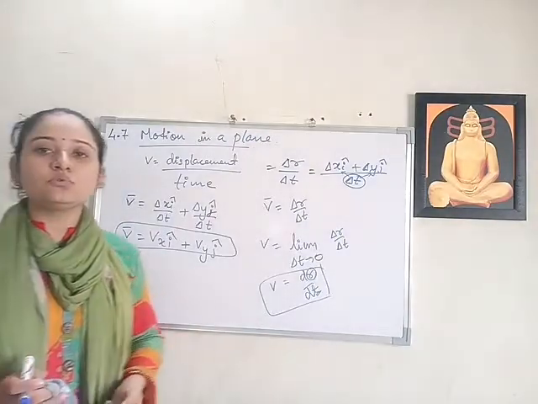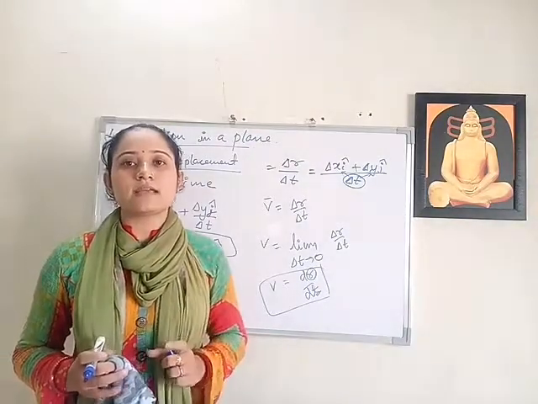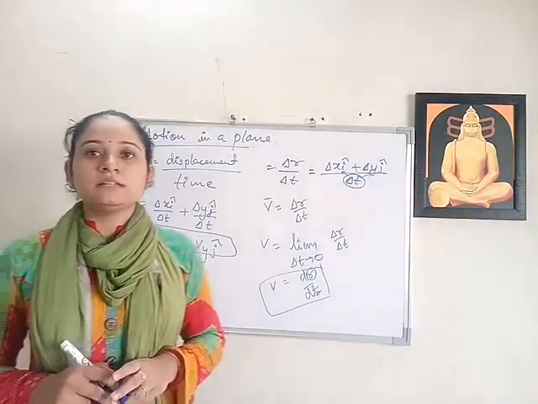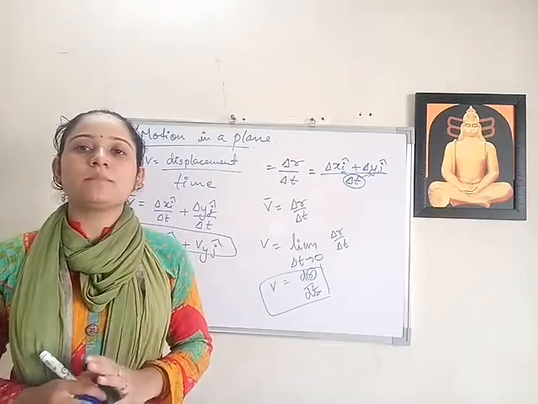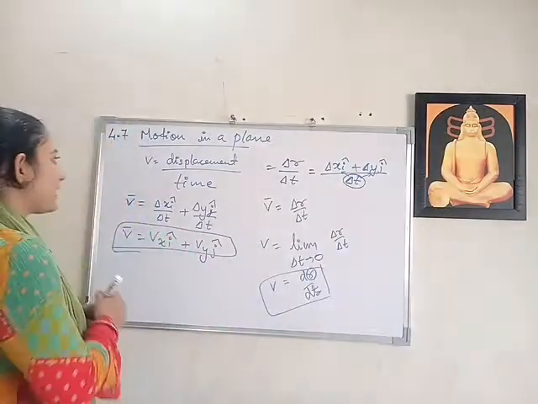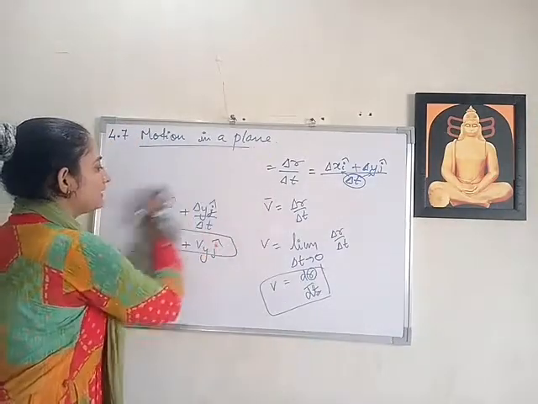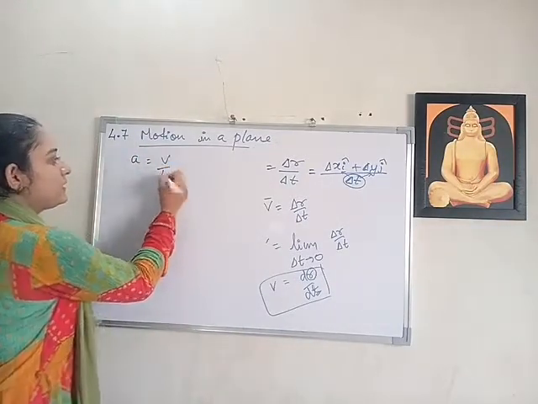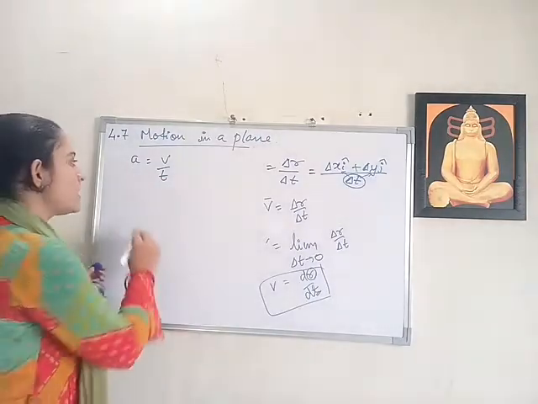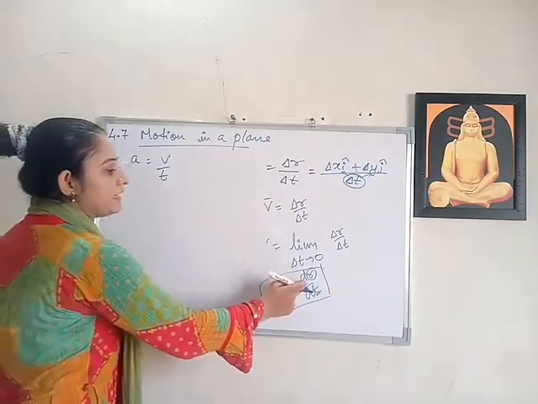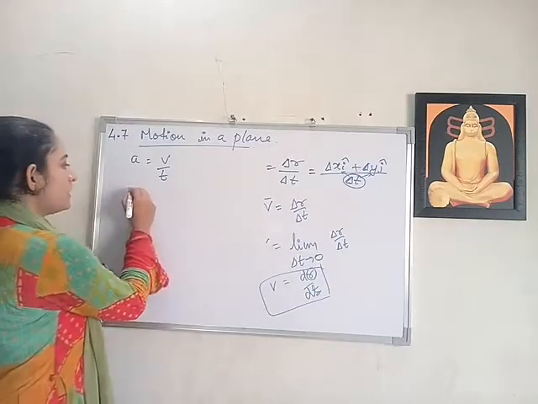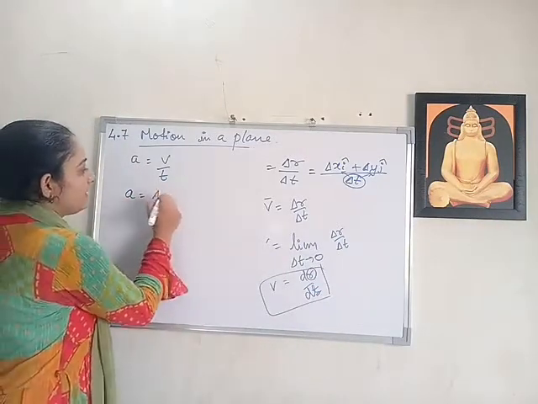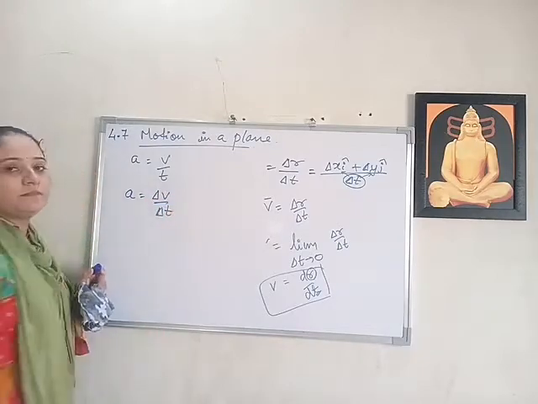Now we will move to the acceleration. What is acceleration? You know from 9th standard that acceleration is the change in velocity per unit time. So acceleration is denoted by a, that is velocity per unit time. So here what was the velocity? dr by dt. So a equal to, if we want the change, that is delta v by delta t.